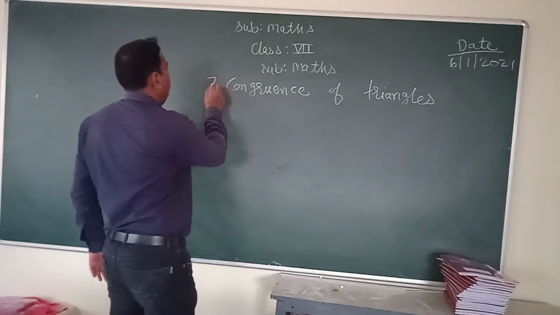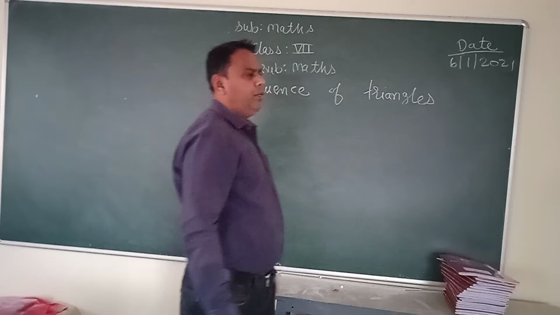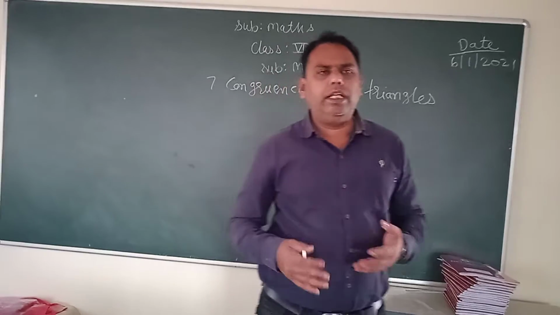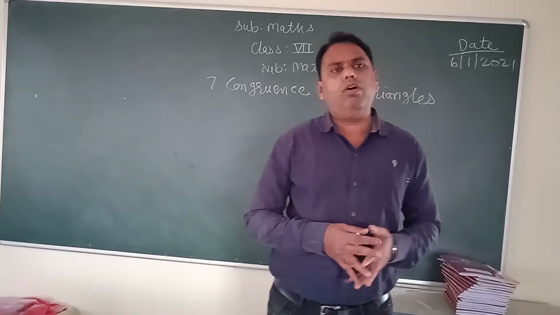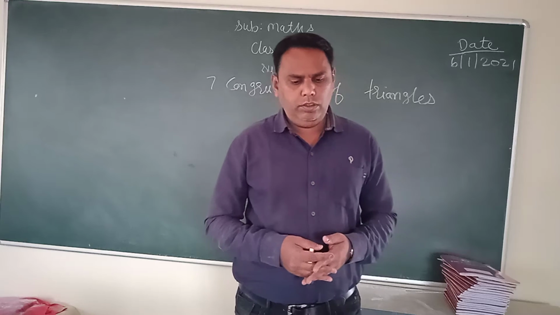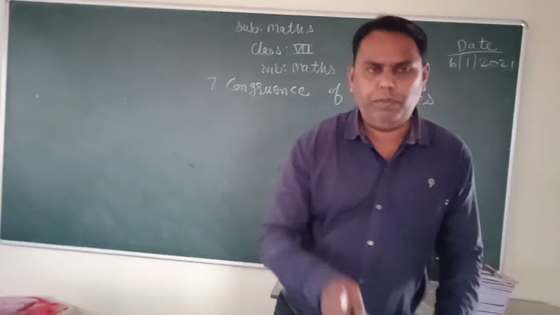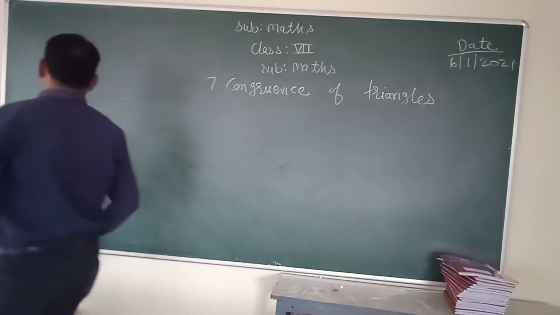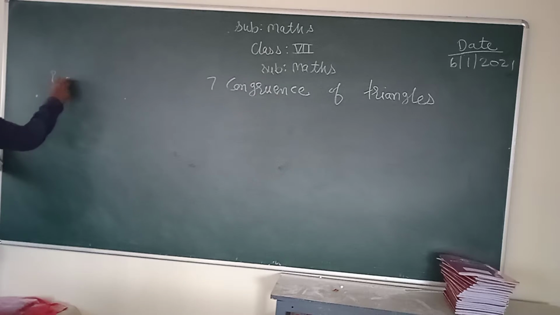7. Combination of triangles. Last period we have seen the corresponding angles and the corresponding sides of two different triangles. Now we see here the example. Example 1.